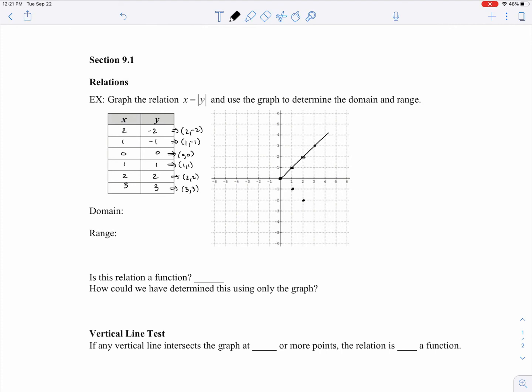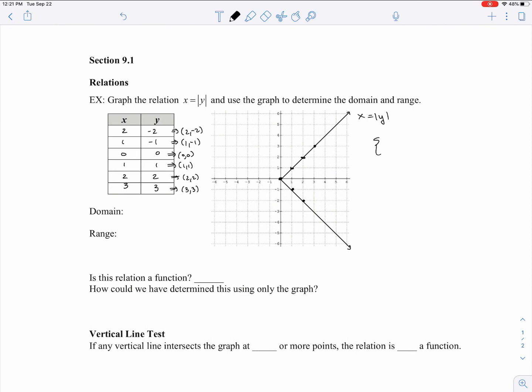If we begin to connect these dots, as this relationship will continue on in both directions, we got a graph emerging here. So this looks like the graph of x equals the absolute value of y. It's a collection of a bunch of ordered pairs.